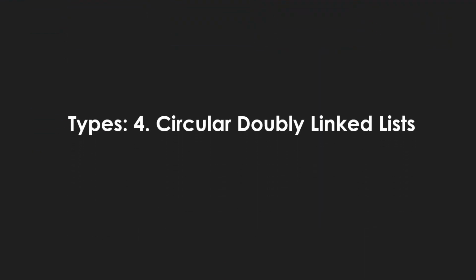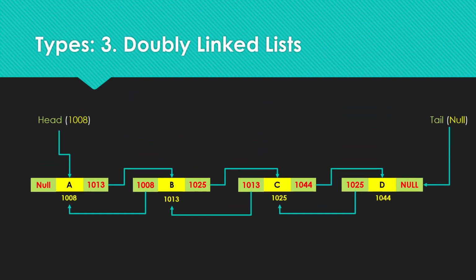We also have a circular doubly linked list. And as you might have guessed, with a circular doubly linked list, instead of having a null here, we have this one pointing to this node like that.